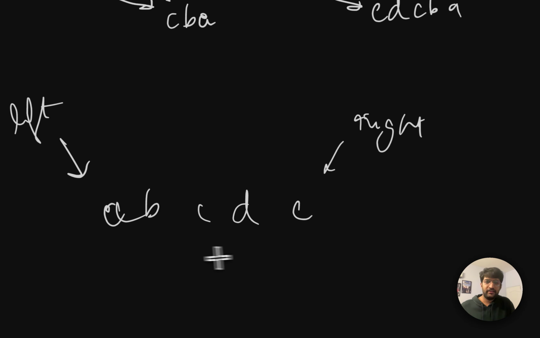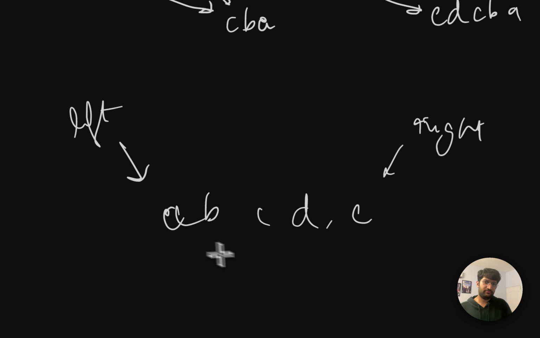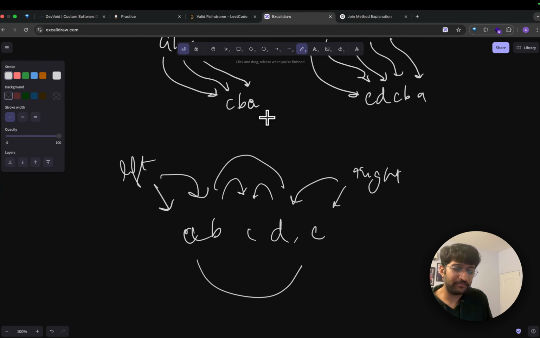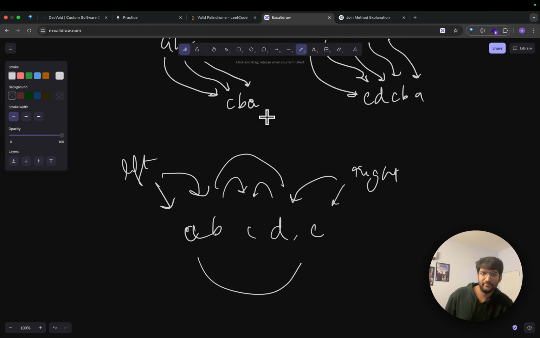Compare them. If they are equal, then go to left plus 1 and right minus 1. Then compare them. Then go this way, go this way. At this point, we have reached the center, we can stop there. And it's a palindrome if it reaches there. That's what we'll use as a logic. Start left, right. Keep going inside. And boom. That's it.